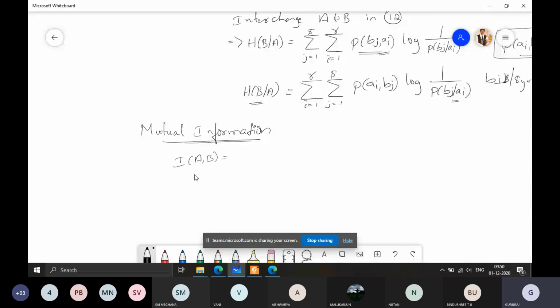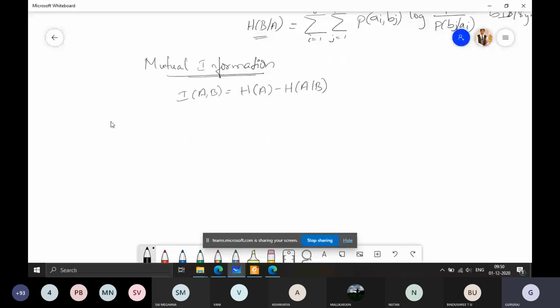H of A minus H of A by B. Now we'll find out a formula for I of A comma B, mutual information, by solving this equation. So just substitute the equation for H of A. Can you tell me? It is the summation i is equal to 1 to r, the formula for H of A.